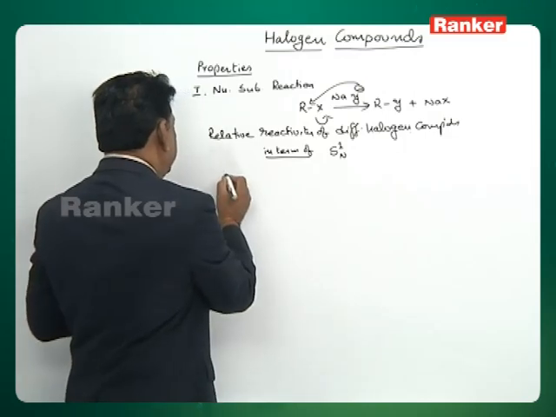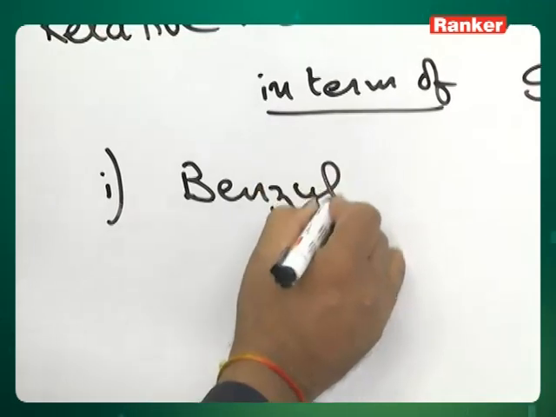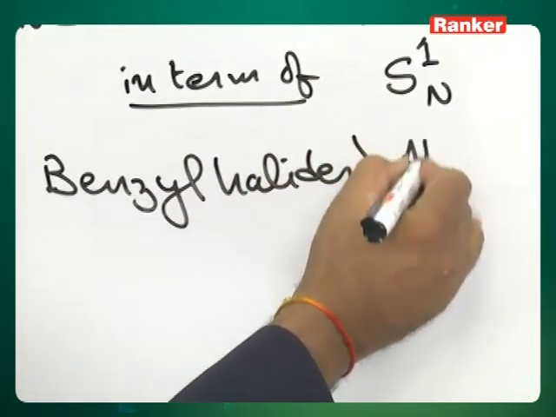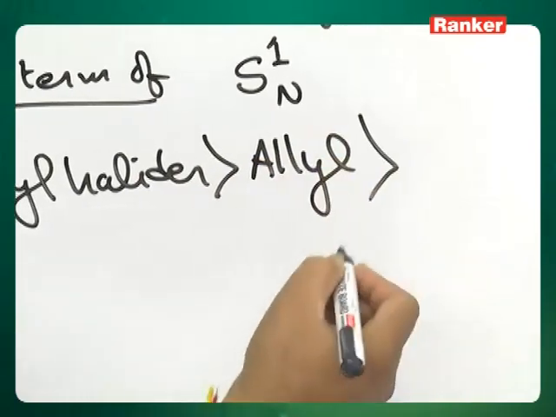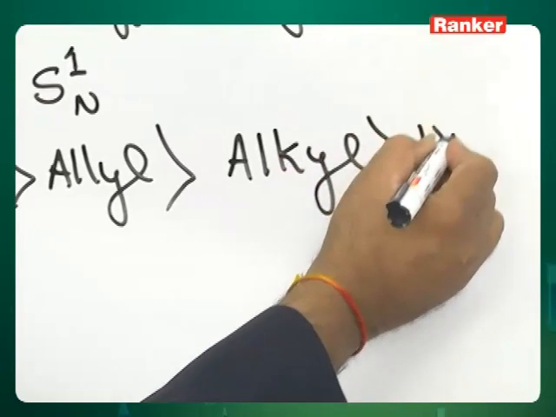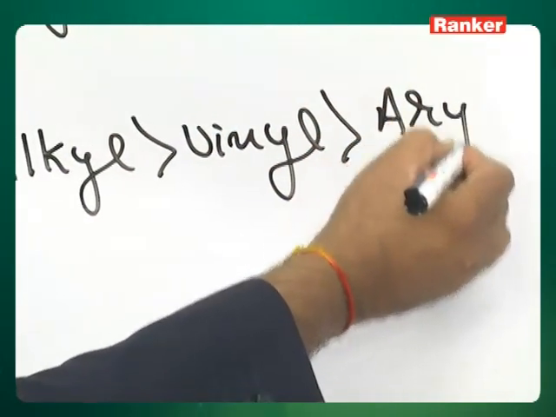So, in order of reactivity, benzyl halides undergo faster reaction over the allyl halides, over the alkyl, over the vinyl, and lastly aryl type.